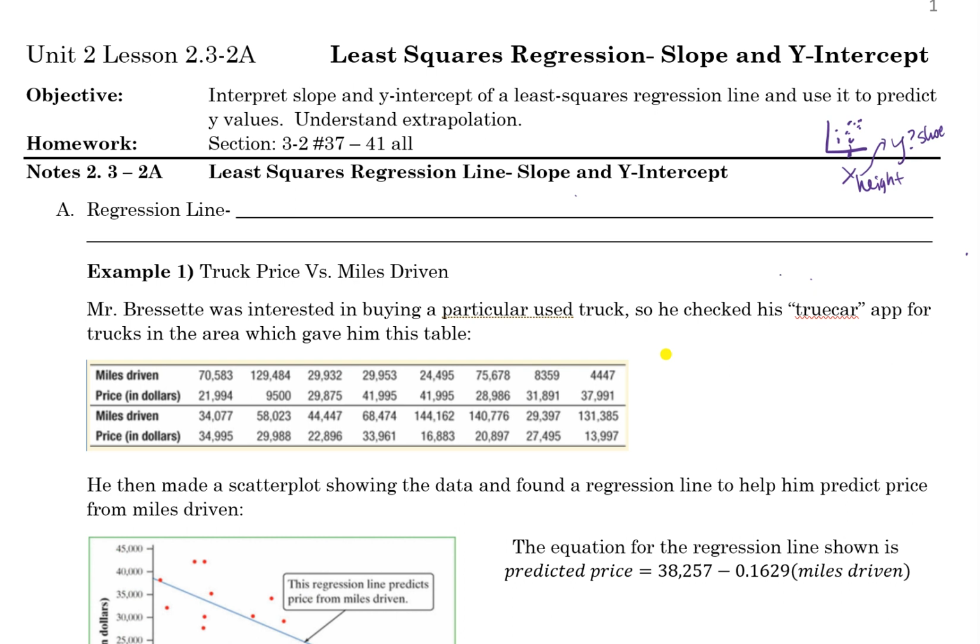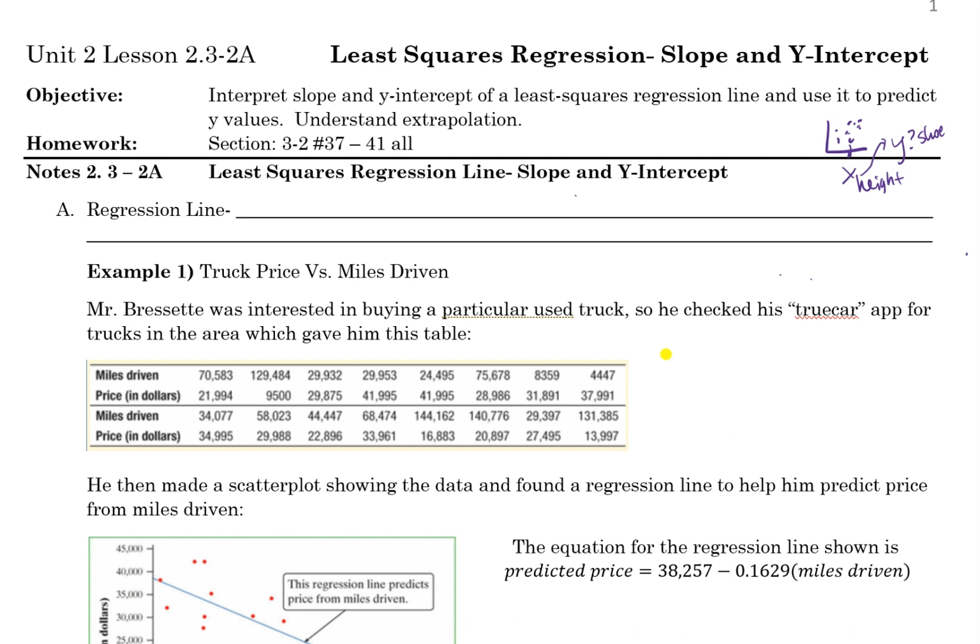What would their shoe size be? Maybe on your scatter plot, you don't actually have a person who's 5 feet tall, so there's no X value for 5 feet tall. You might want to predict a shoe size for that height, even though you don't actually have a dot that does that.